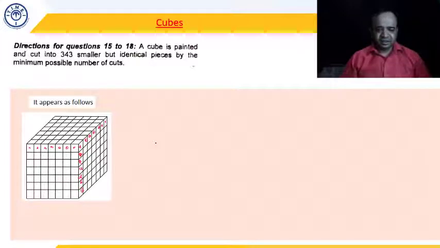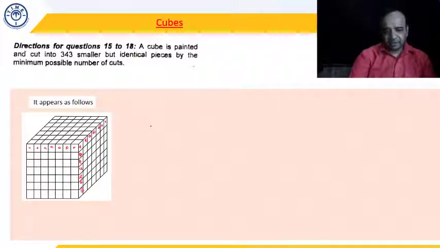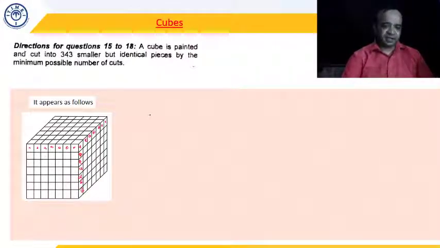Just try to look at this figure here. How many pieces do we have? 343. And for 3 face painted, we have to look for that position where the exposure of 3 faces is there. So just check this piece.